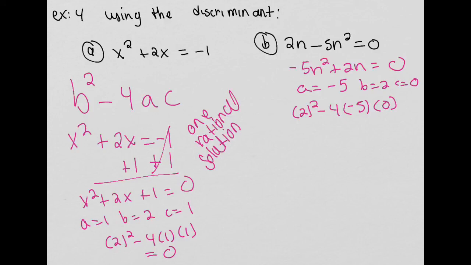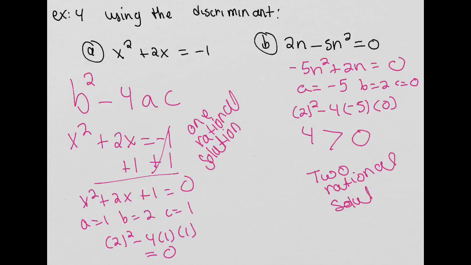So this is just going to be 4, because negative 4 times negative 5 is positive 20, but times 0 is 0. So this is greater than 0. So which means we're going to have a real solution. And if it's a perfect square, that means we're going to have 2 rational solutions.